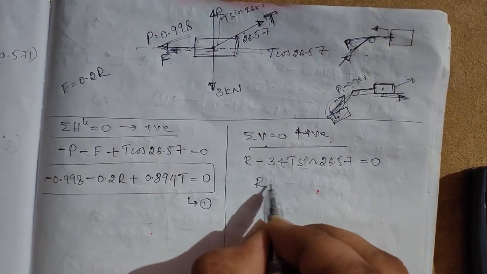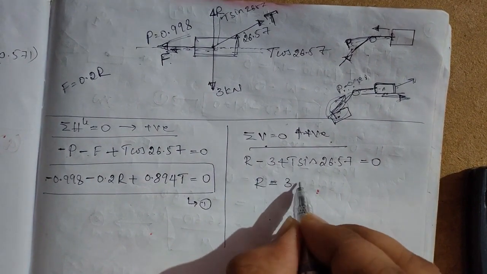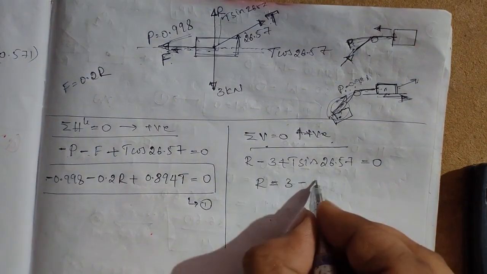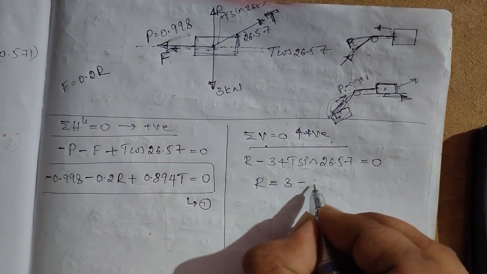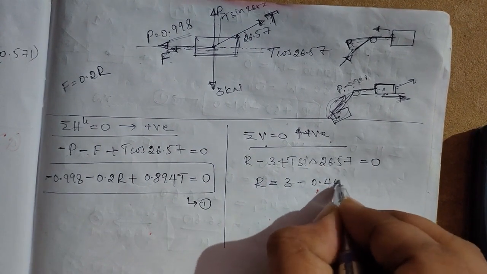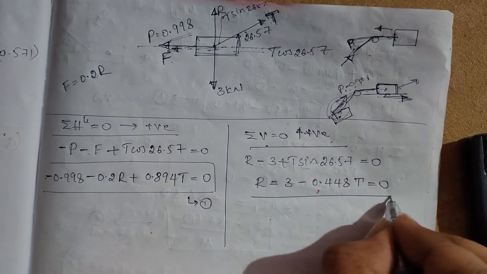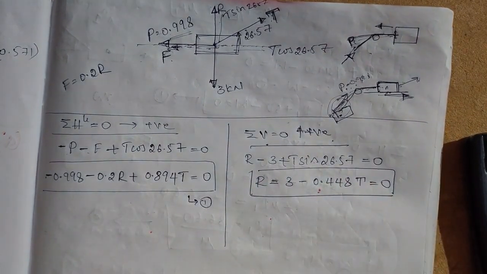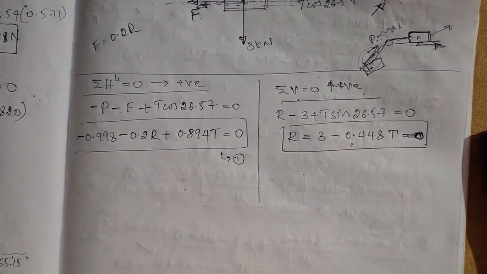Then I'll take the value of R and send all that to that side, so it will become plus 3 minus T sin 26.57, which is 0.447, okay, this 0.448 into T is equal to 0. So R value is 3 minus 0.448 T.